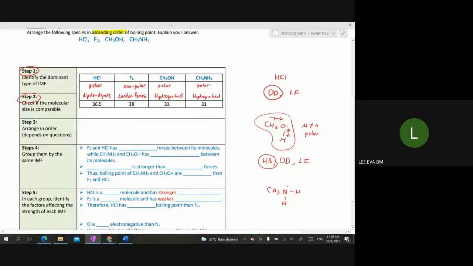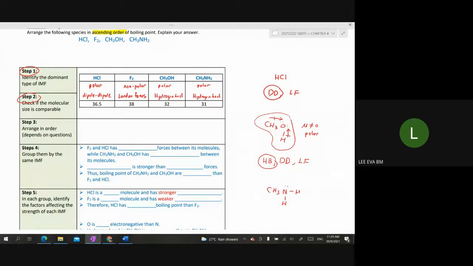So step 2, check if your molecular size is comparable. When we talk about molecular size, it means the molecular mass, benda yang kita boleh kira. So HCl is 36.5, Madam dah kira untuk awak, untuk rujukan sajalah. F2 is 38, CH3OH is 32, CH3NH2 is 31. So the size is about the same.